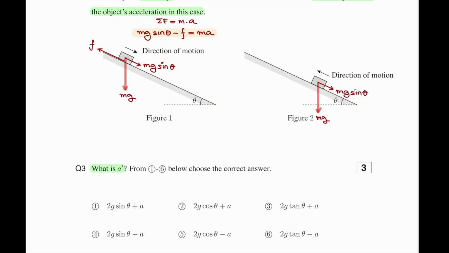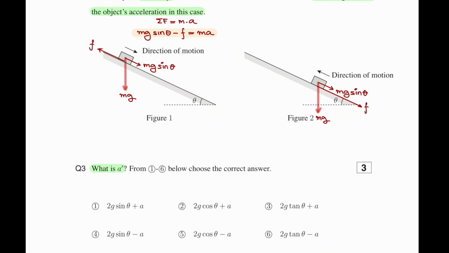Mg sin theta. And then since this object moves upward, the frictional force is going down. So instead of going up like the first figure, the frictional force acting on this second figure is going down, because the motion is going up.